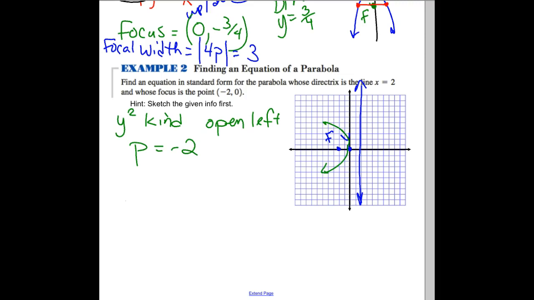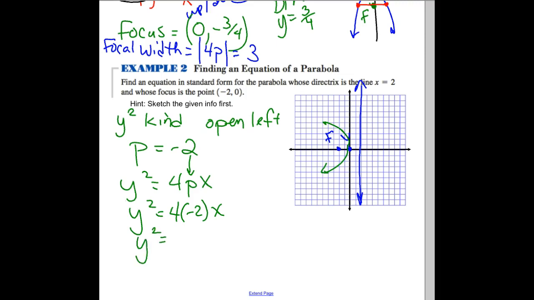So if we want the y squared kind and p is negative 2, we've got our equation. y squared equals 4px. So plug in a negative 2, and what do we get? y squared equals negative 8x. That would be my equation. We okay with that?